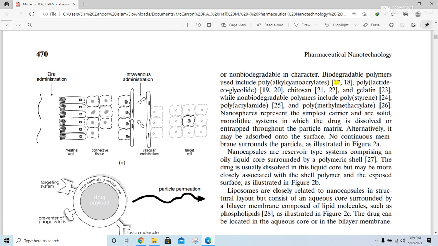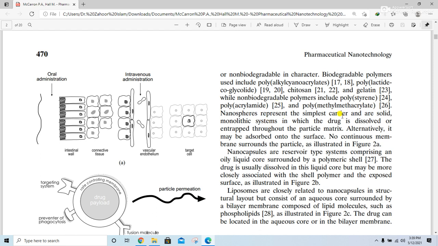The biodegradable polymers that are also used include the polyalkyl cyanoacrylates, polylactides, coglycolides, chitosans and gelatins, while the non-biodegradable polymers include polystyrenes, polyacrylamides and polymethyl methacrylates.